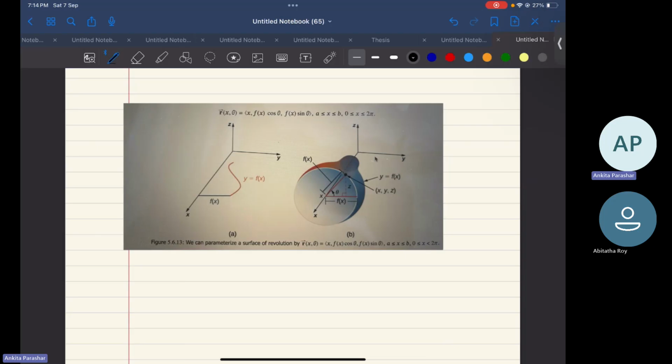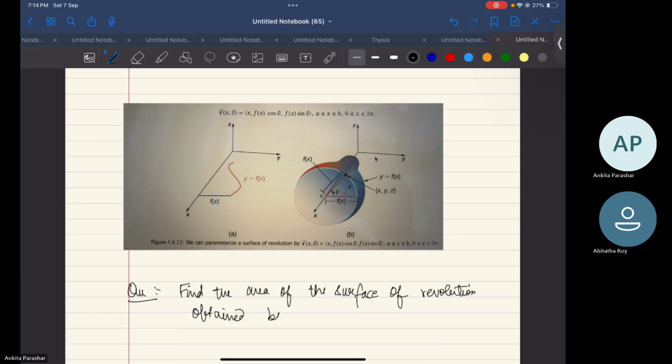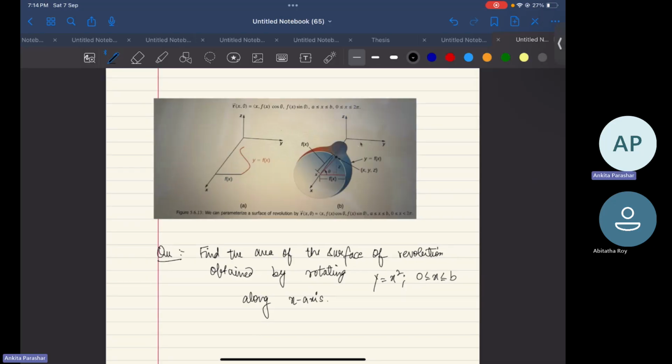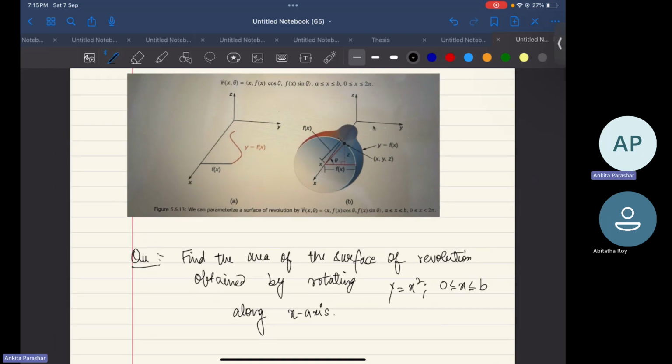The final question is, find the area of the surface of revolution obtained by rotating y equal to x squared from 0 to b along the x-axis. I'm rotating along the x-axis. Okay, what is this figure that I want to tell you here?